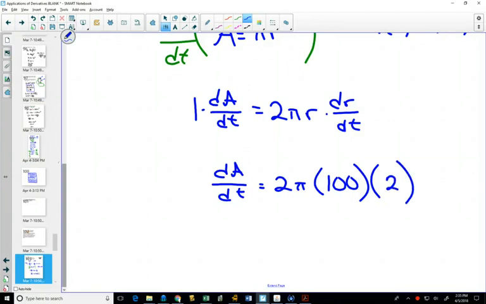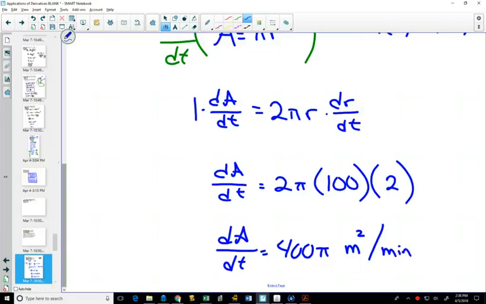So we can plug all of those values in. Multiply this out, we'll get 400 pi. Our units were meters, so it'll be meters squared per minute, because area's unit is meters squared, and time is going to be in minutes.